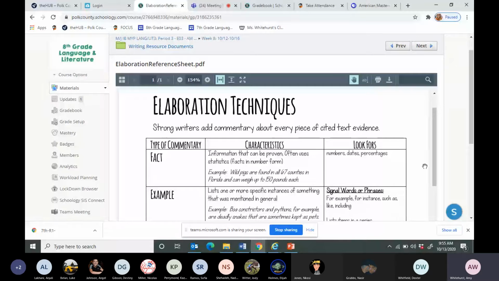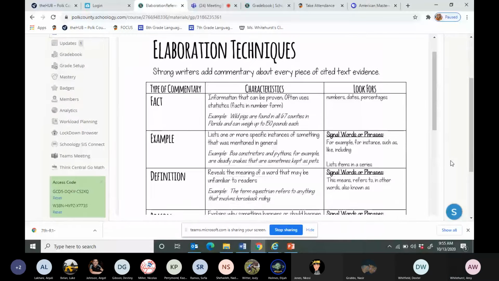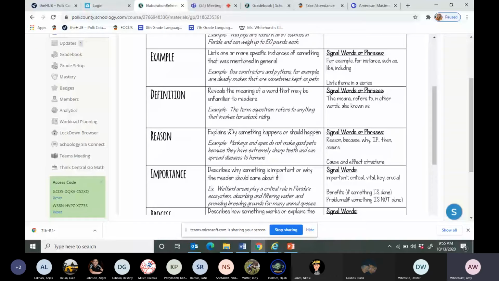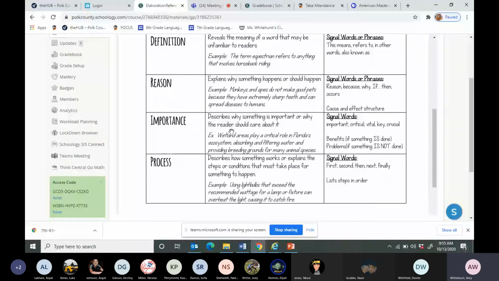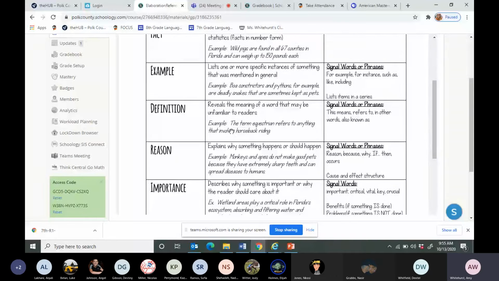Again, this document has several types of elaboration that you can use, but the three that I would say are the most important are reason, example, and importance. So if you're taking a few notes, I would say use reason, example, and importance the most.